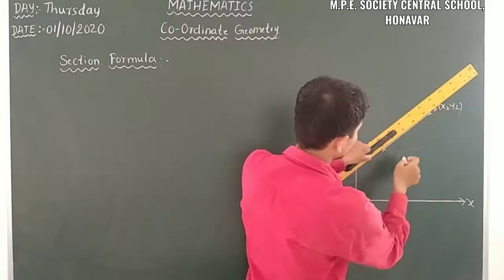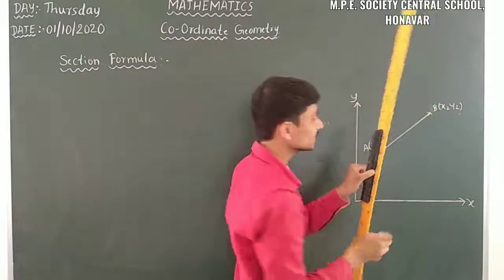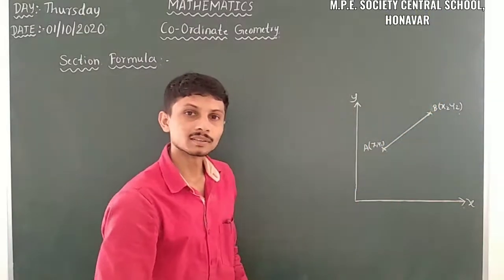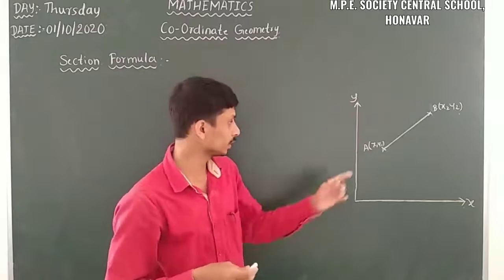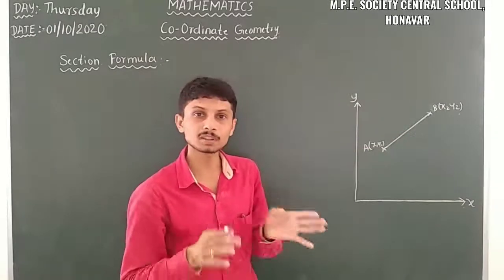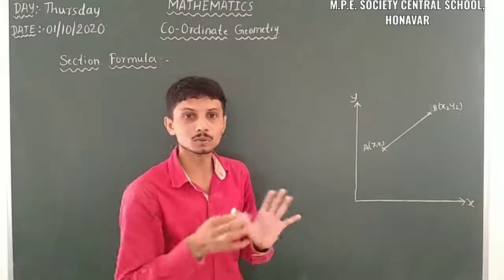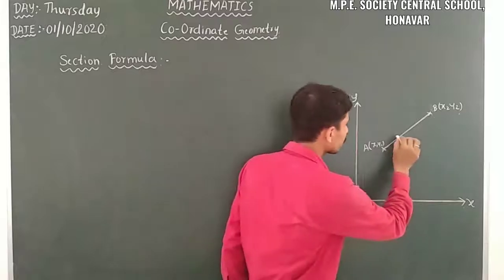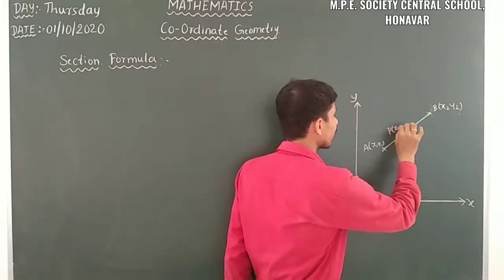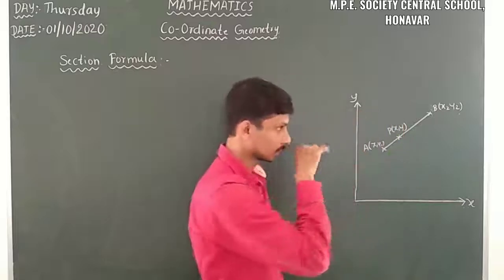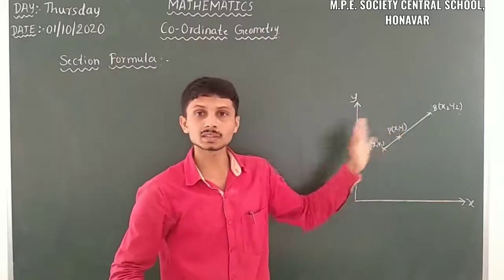Here I will draw a line like this. According to our problem, we have to locate a point in between those two points A and B, but not equidistant from them. I will take this point as P of (x, y).